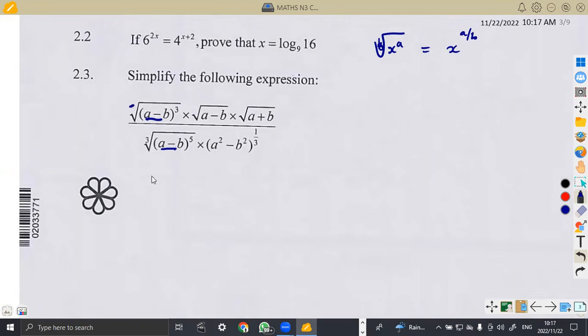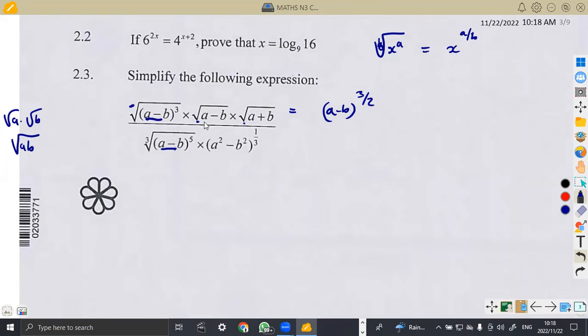We've got a square root here. So it simply means this was supposed to be written as a minus b to the exponent of 3 over 2. Here we've got the square root of a minus b, the square root of a plus b. Remember from your laws of surds, square root of a times square root of b is equal to square root of ab.